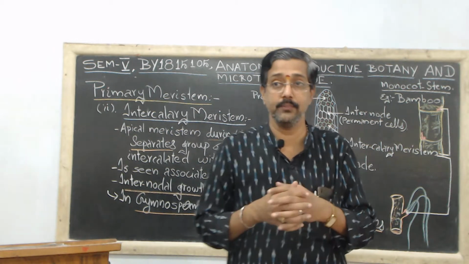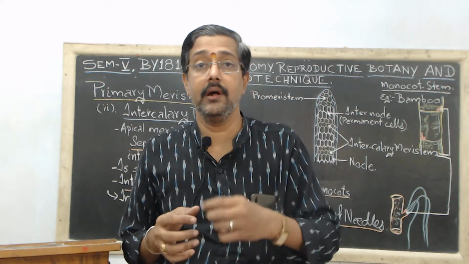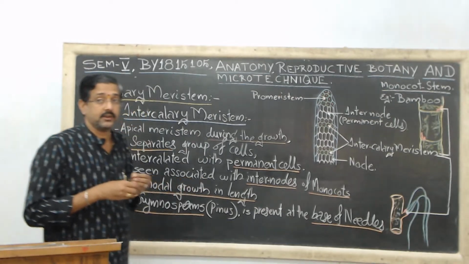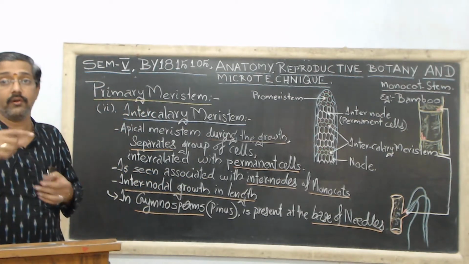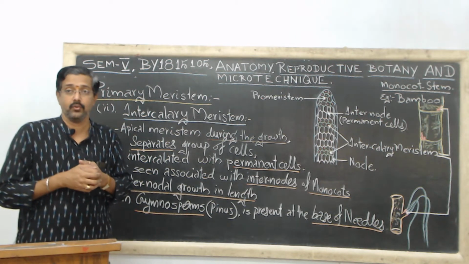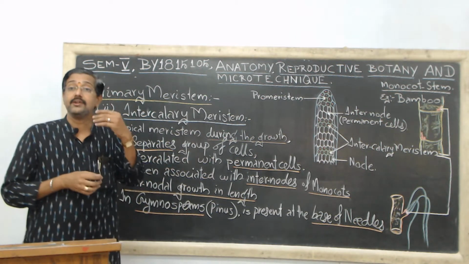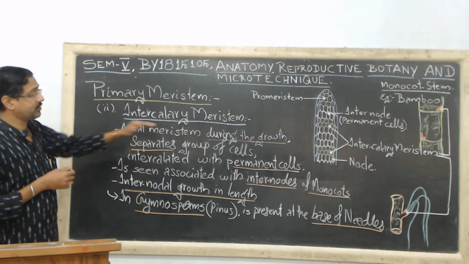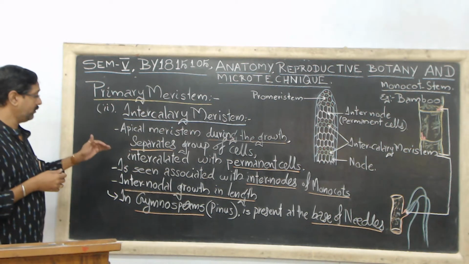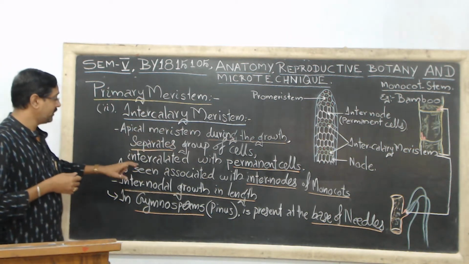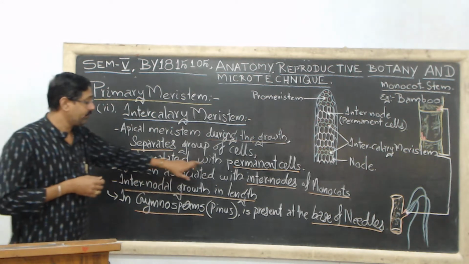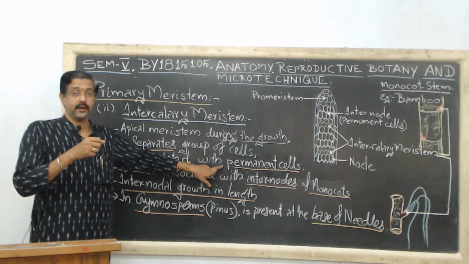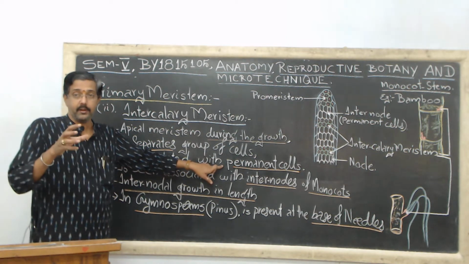And the primary meristem definitely is generated from the primary meristematic cells, and those groups of cells are already defined as what? The primary permanent tissues. So the intercalary meristem is intercalated with permanent cells. From where are the permanent cells derived? Already from the primary meristem.